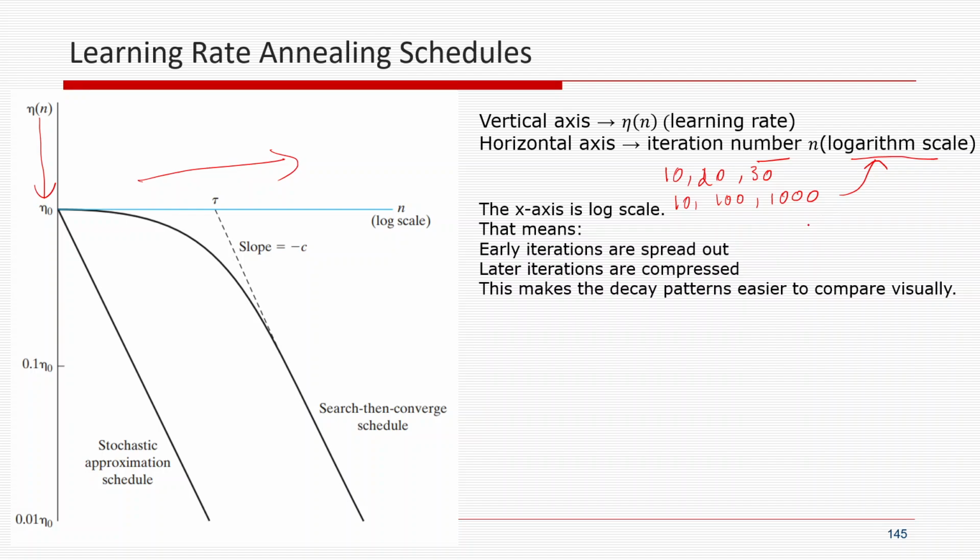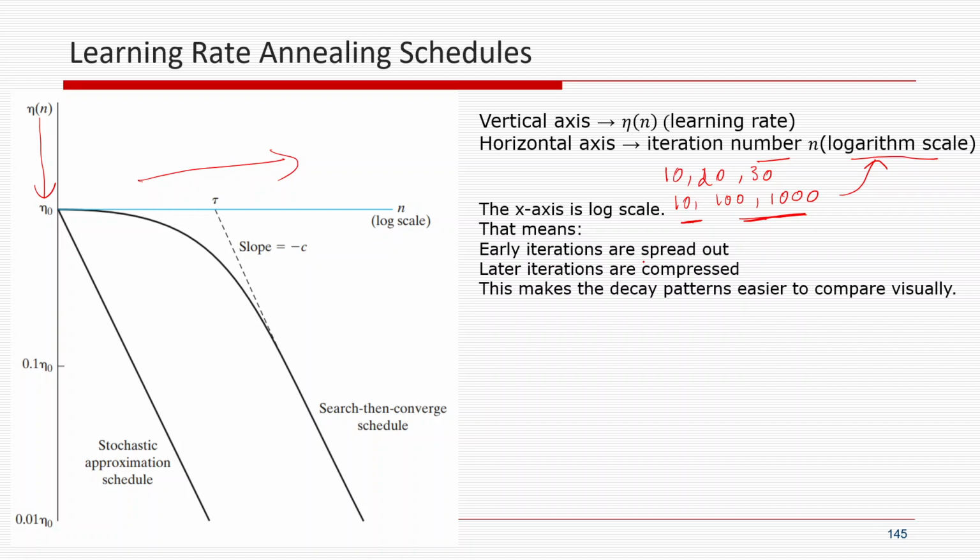Because as we progress in the epochs in the training process of the algorithm, we have to look at the visualization with larger extents. Starting, I should observe how it is progressing, and then I can take bigger steps and then look at how it is progressing. Therefore, the x-axis is a log scale.